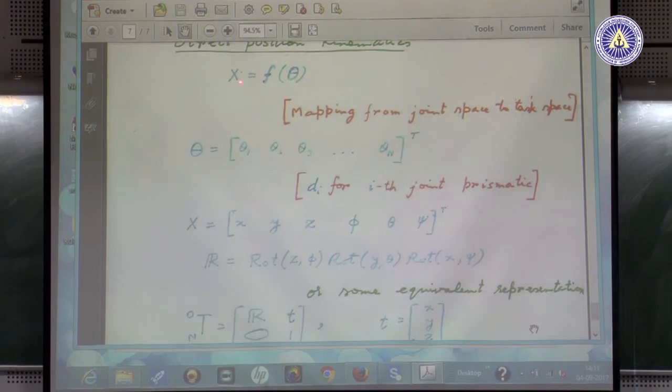Now, if given x, we have to find out theta, then several questions arise. If it is a function, then given theta, x will always be there and very clearly found. On the other hand, if x is given, you do not know whether that x is really the result of applying the function f to some theta.